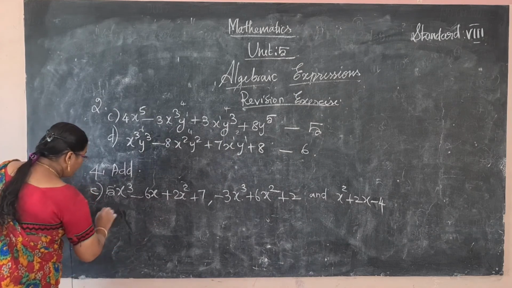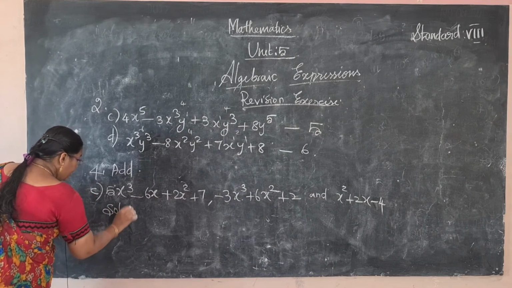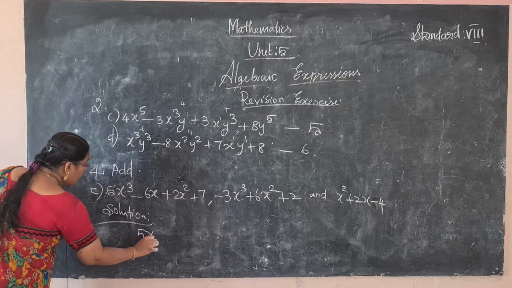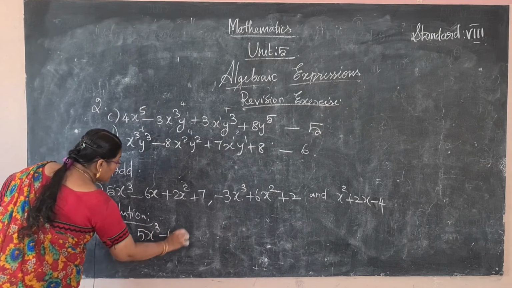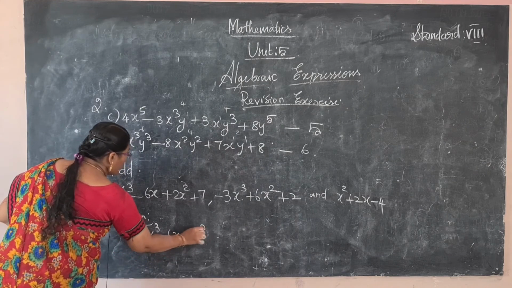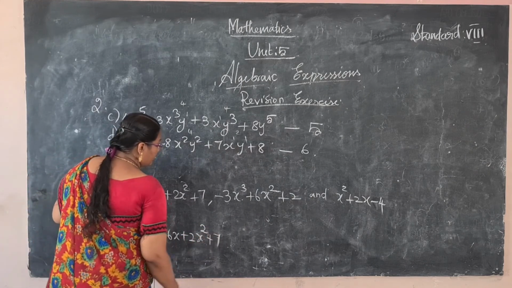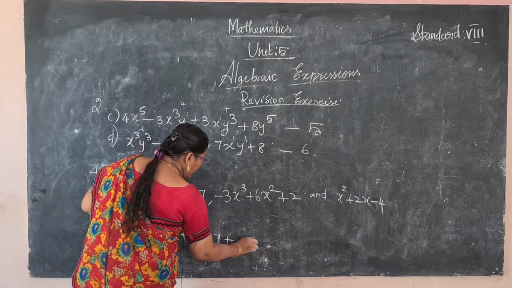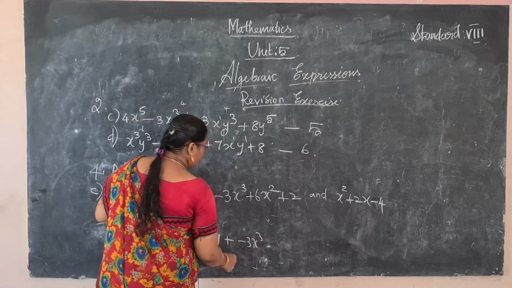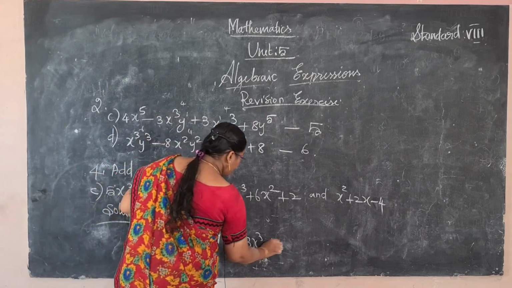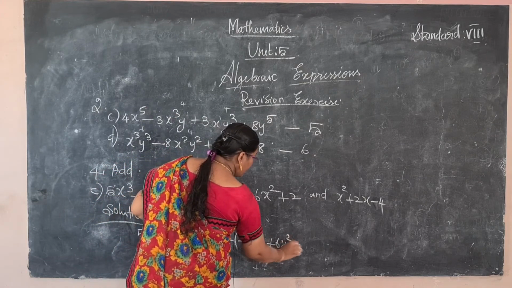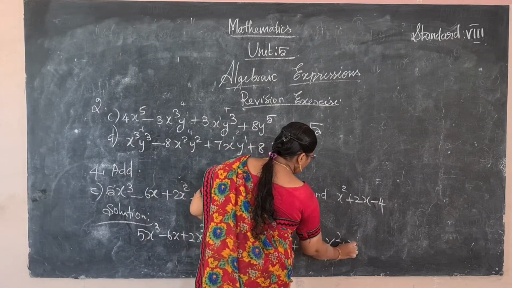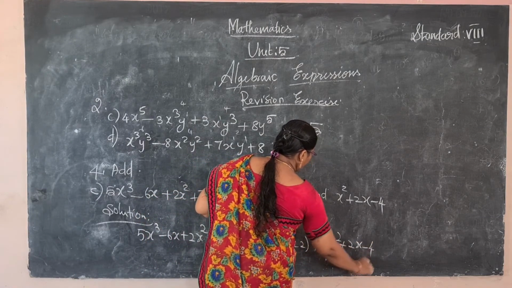Arrange all the algebraic expressions horizontally. So 5x^3 minus 6x plus 2x^2 plus 7 plus minus 3x^3 plus 6x^2 plus 2 plus x^2 plus 2x minus 4.